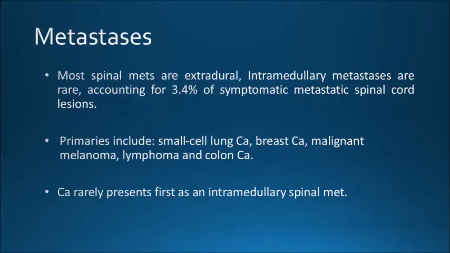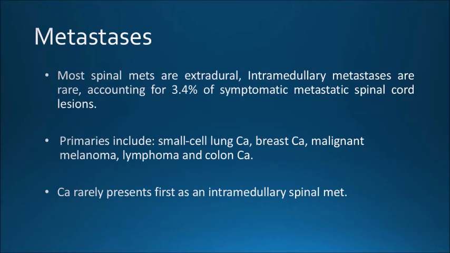Now coming to the mets. Most spinal cord mets are extradural, but there can also be intramedullary spinal cord mets, though they are rare. They primarily include small cell lung carcinoma, breast carcinoma, malignant melanoma, lymphoma, and colon cancers.